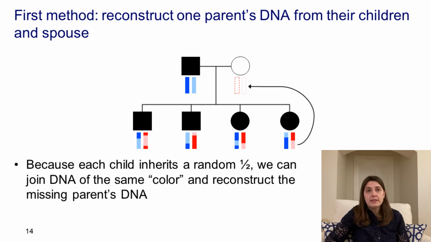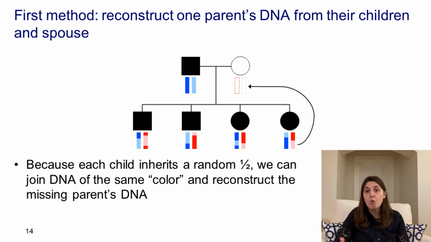So shown here is a case where we have DNA from a dad and 4 children, but we need DNA from a mother. Now, the beauty and the benefit of the fact that each child inherits a random half of the parent's DNA is that we can get different snapshots, different segments of DNA from each child. In fact, it's useful to have more children for this reconstruction.